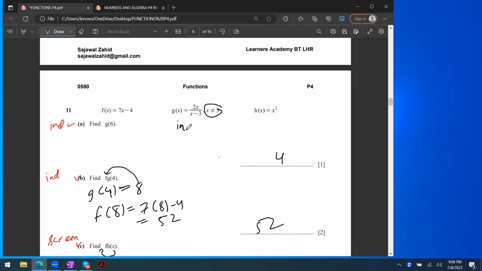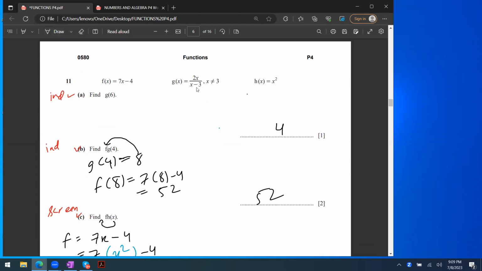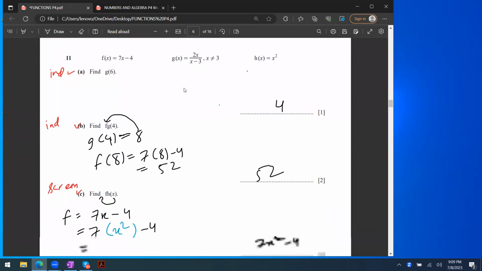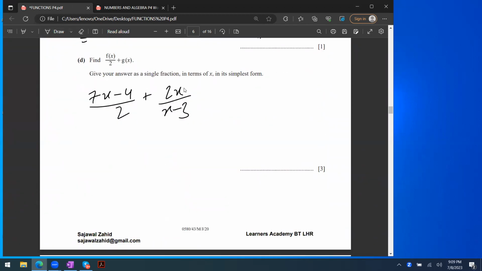It will be infinity, or you can say undefined. So functions are like machines. They cannot be undefined. They cannot give an error. They should not malfunction. So that's why we don't put 3 here. It will malfunction, because machines are programmed and designed based on functions.